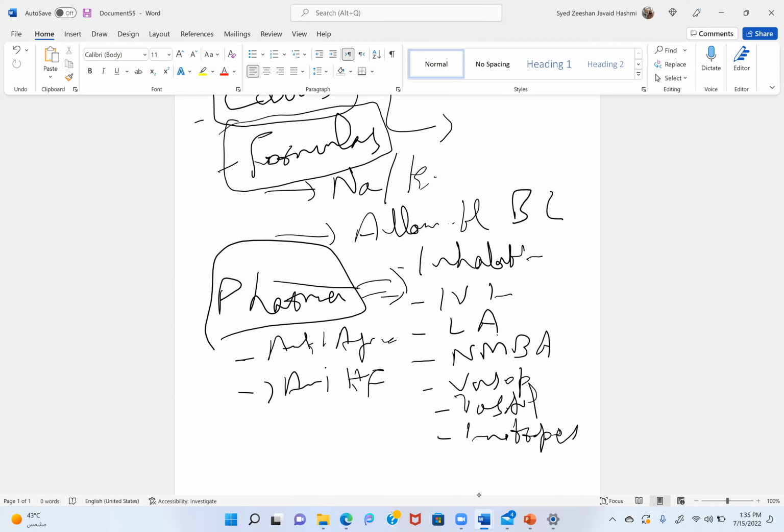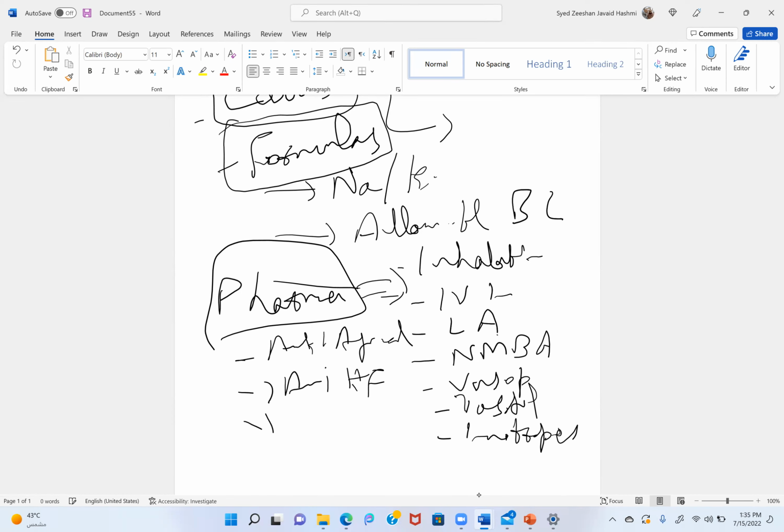You can make your list, and then see which medications are for intraoperative use, and which are used in the clinic in outpatients. And then what we will be knowing about it.